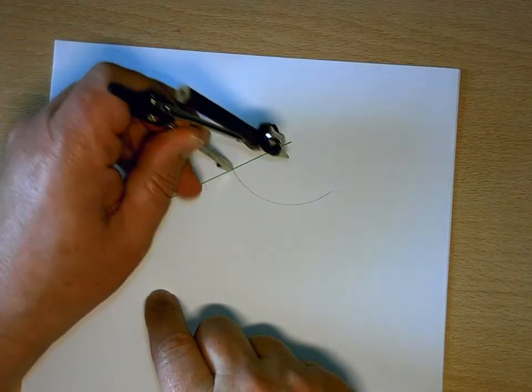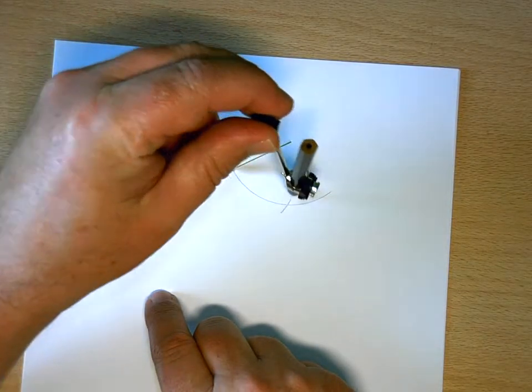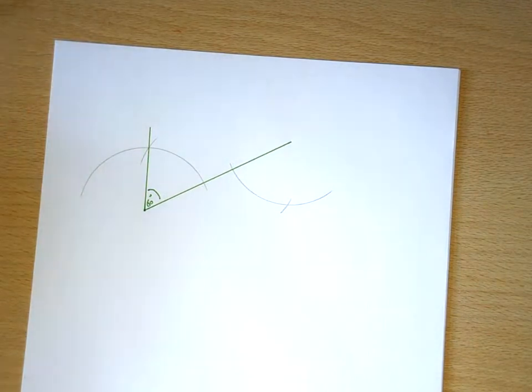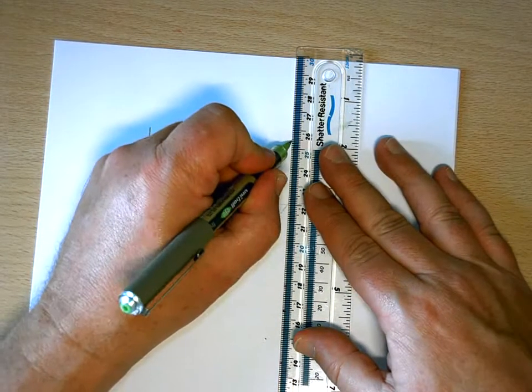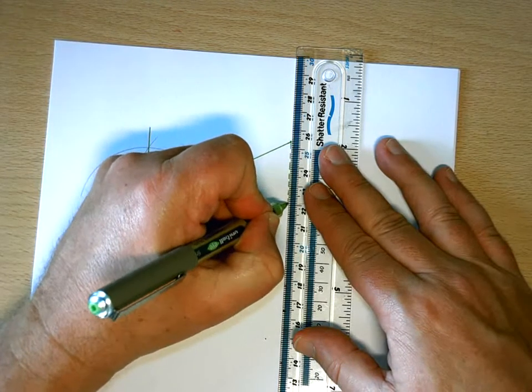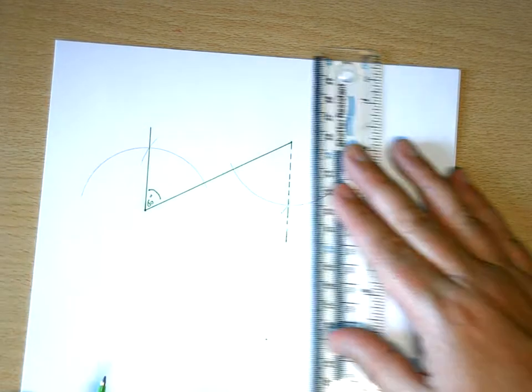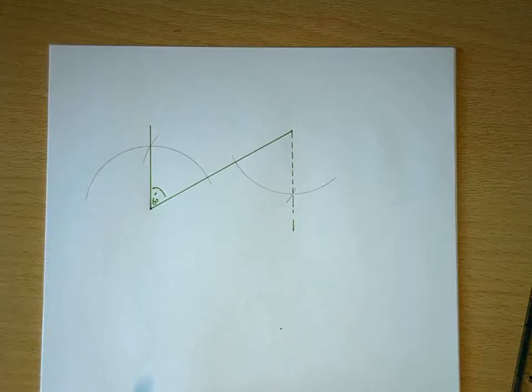Then same deal, I'm going to cross like that. That will give me, as we now know, a 60-degree angle. So if I just plot that in there, that would be 60.